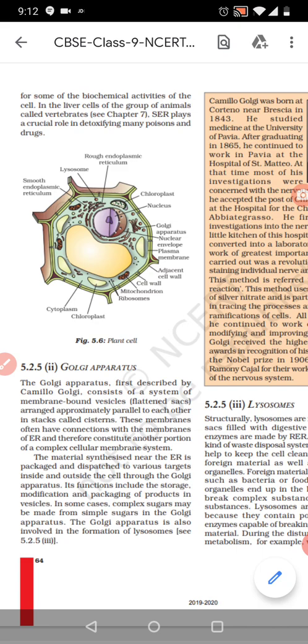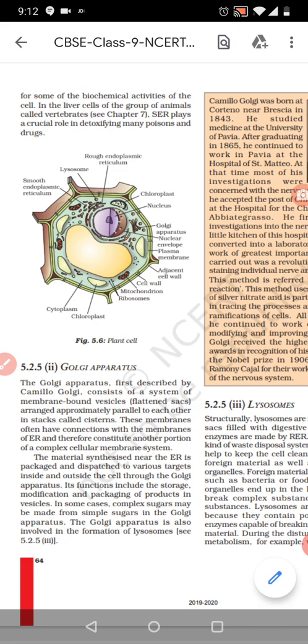So both SER and RER together help in the building of the plasma membrane. For making the plasma membrane, RER and SER are both helpful, because for the plasma membrane both substances are needed, protein as well as fat.